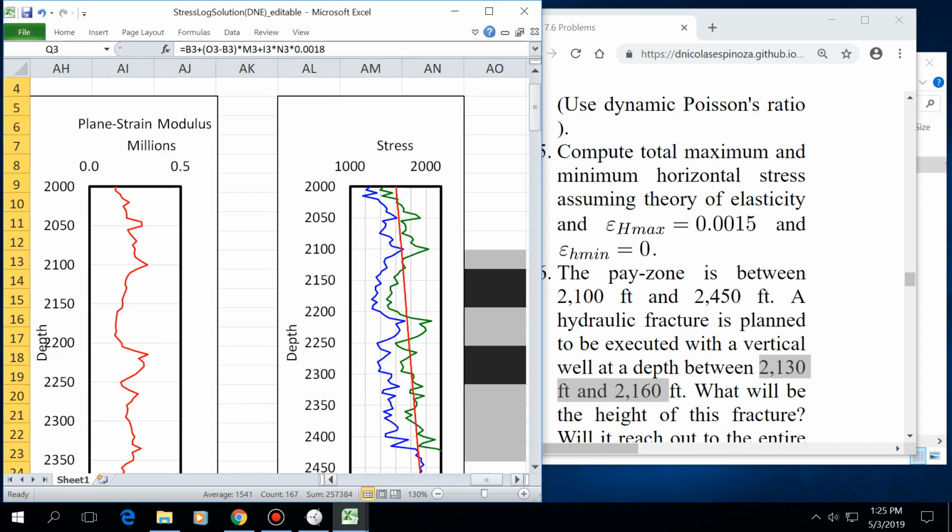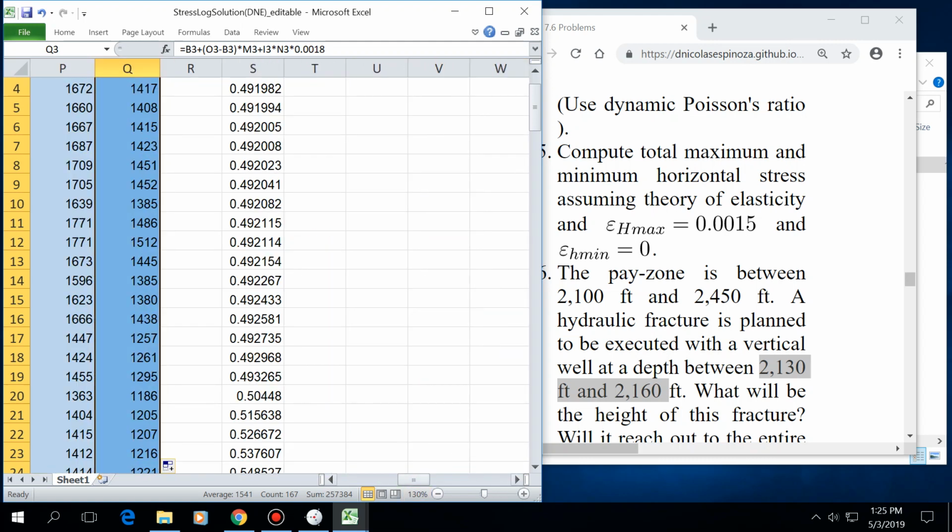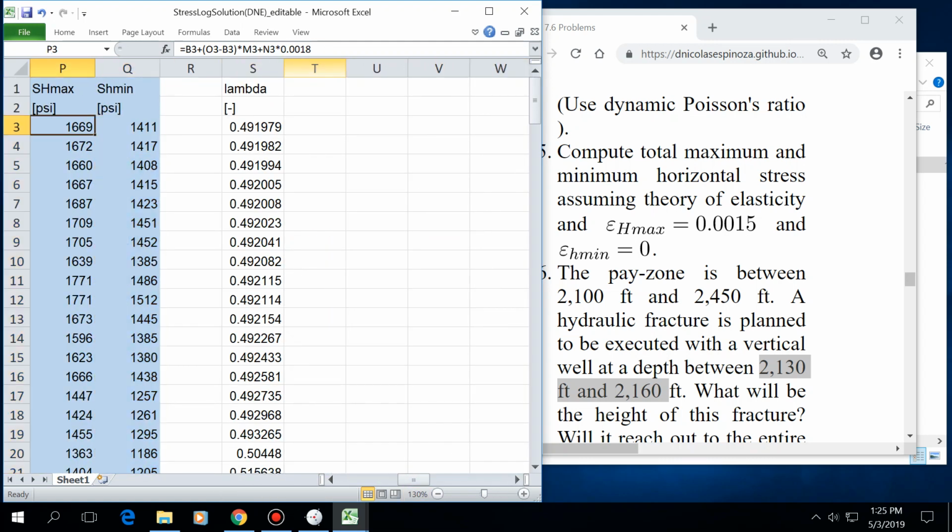Okay, I got to the value I wanted, but probably a bit more will make it clearer. So I'm just changing the tectonic strains. If I increase the tectonic strains, what's going to happen with the horizontal stresses? They're going to increase too, right?